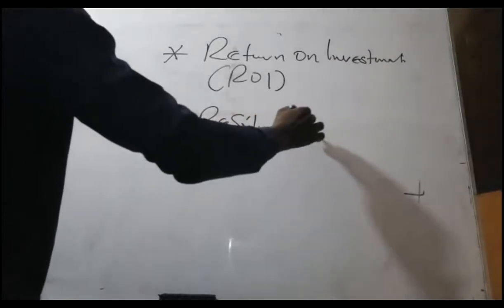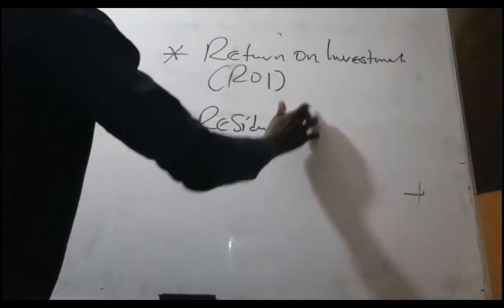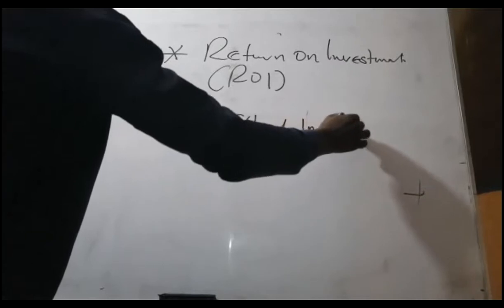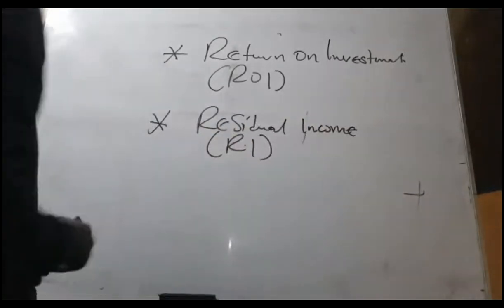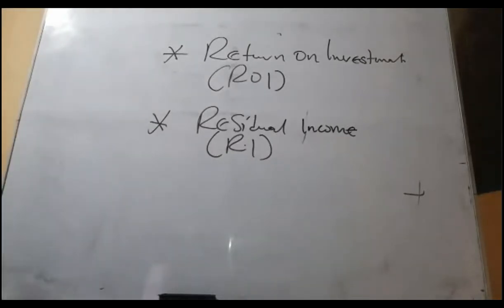You can also call it RI. Return on investment, residual income, then we are done. So we will explain each of them and then cite a formula to calculate each of them, and that is the end of the game.